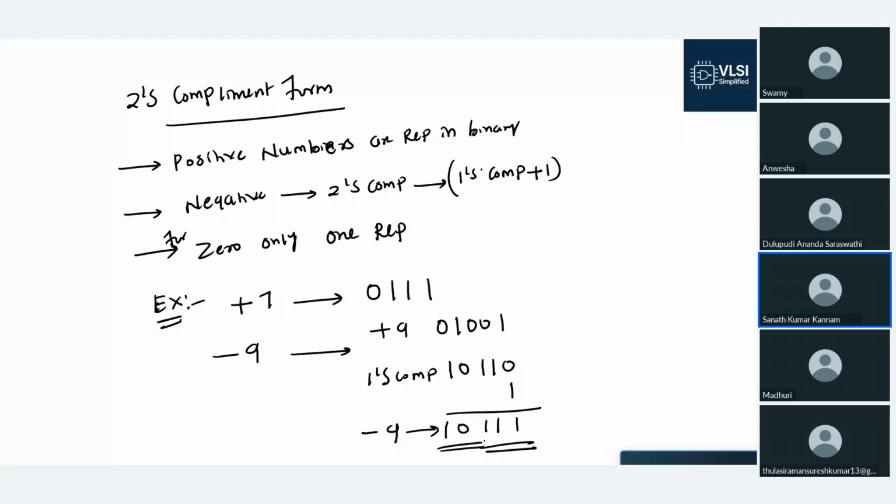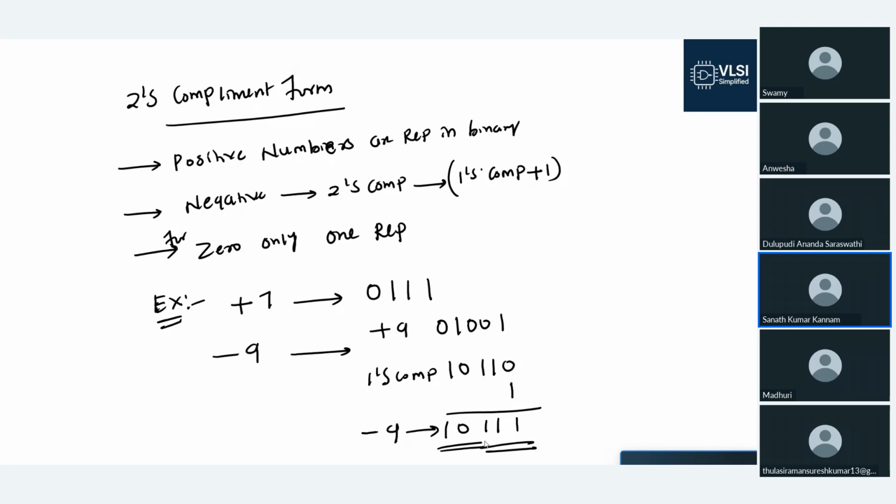Negative numbers are represented in 3 forms: sign magnitude form, 1's complement form, and 2's complement form. In sign magnitude form, the MSB decides whether the number is positive or negative. If MSB is 0, the number is positive, and if MSB is 1, the number is negative.